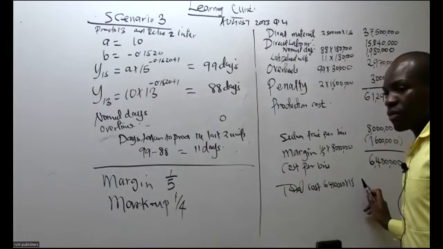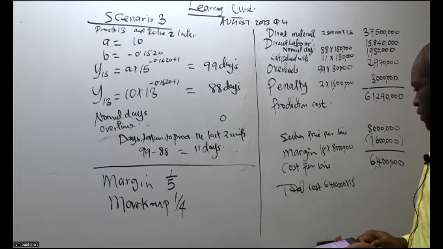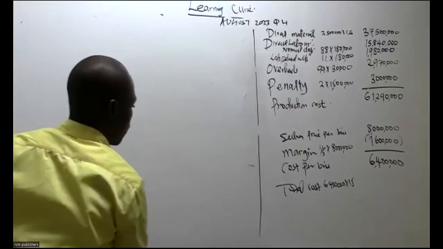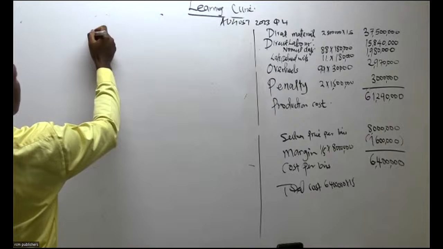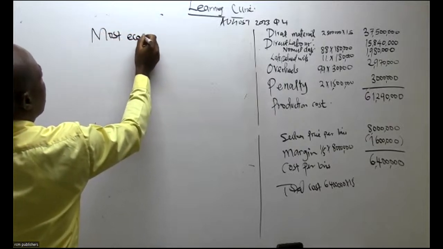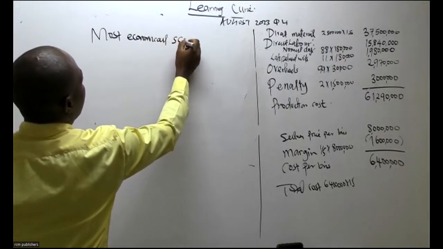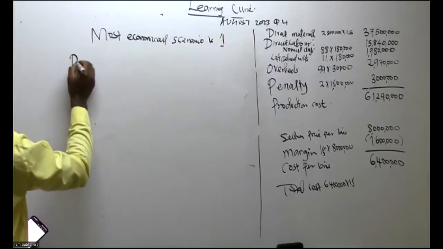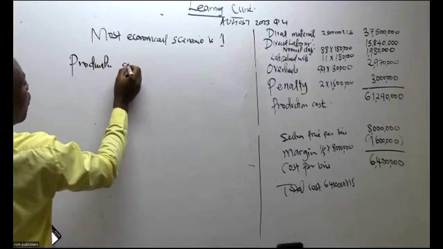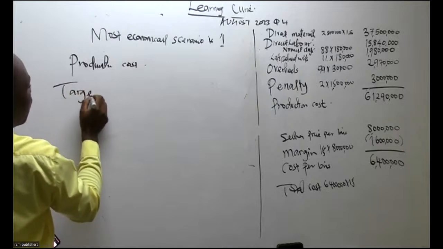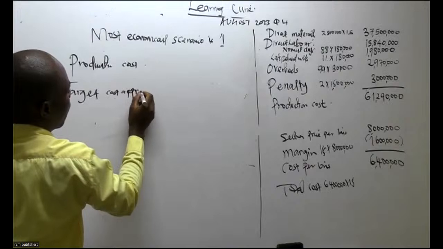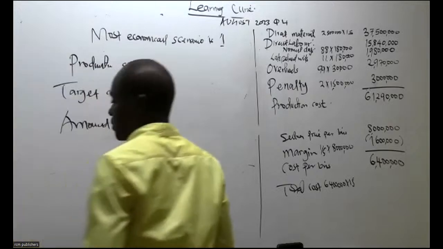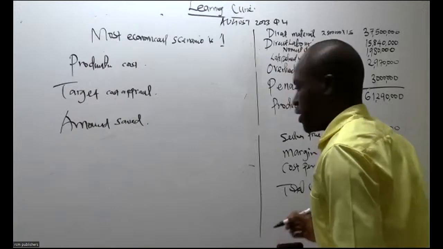Tutakuwa na ngapi hapa? 6,400,000 by 15 is 96 million.